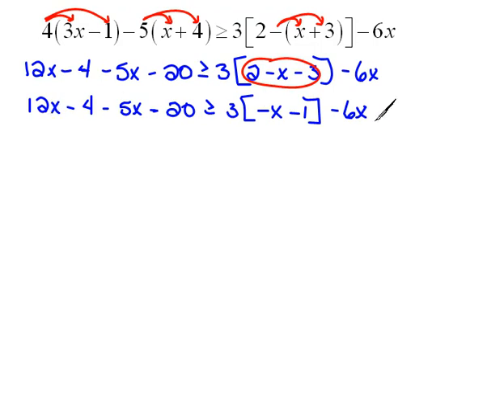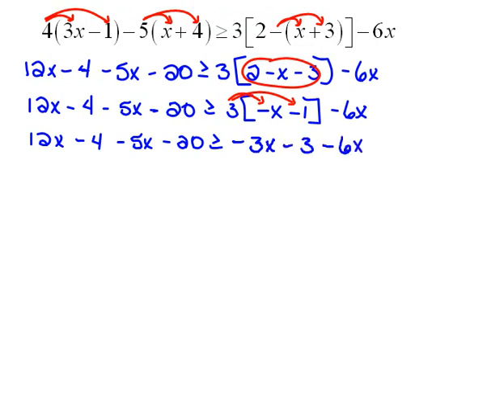Now, before we move with our next step, we have to finish doing the distribution first. So if we finish doing our distribution, now we have 12x minus 4 minus 5x minus 20 greater than or equal to negative 3x minus 3 minus 6x.